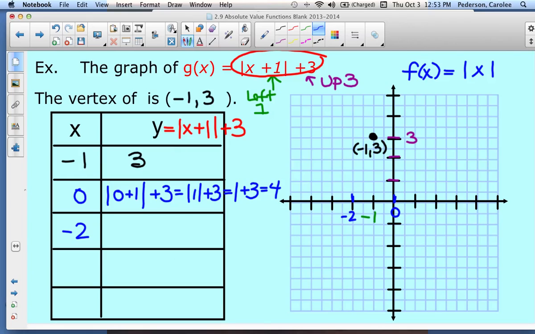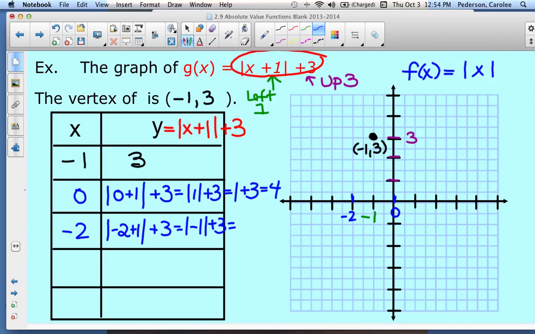Now let's go ahead and do the same thing with the bottom one, -2. Evaluate the function, replace the x with -2. The absolute value of -1 is what we're left with, plus 3.